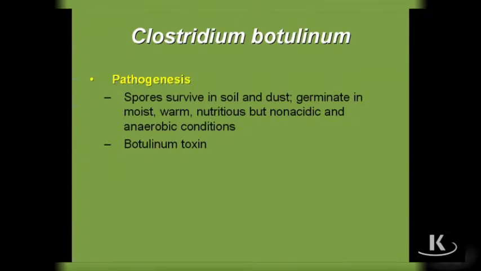When they get inside, let's say, home canned food for adult botulism, or if the spores get into honey or something like that in the case of infant botulism, then we either worry about them secreting the toxin or actually initiating an infection. But the main virulence factor that you need to worry about here is botulinum toxin. Okay? Again, it's one of those classic AB toxins, and in this case we're causing a flaccid paralysis, so we're actually blocking the release of acetylcholine.